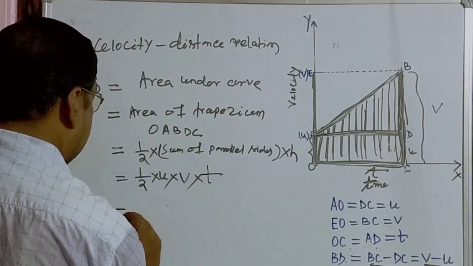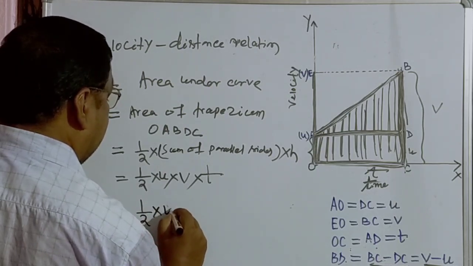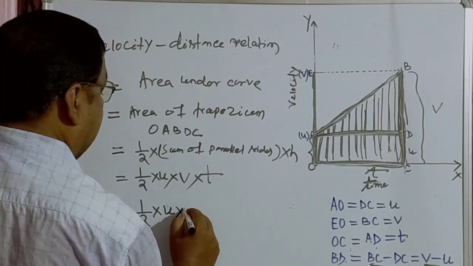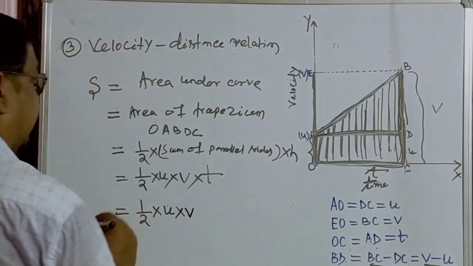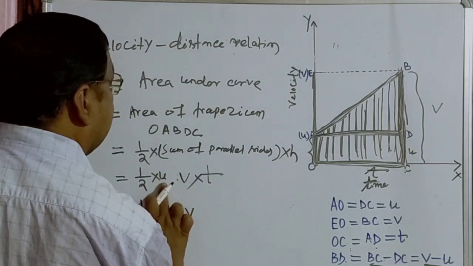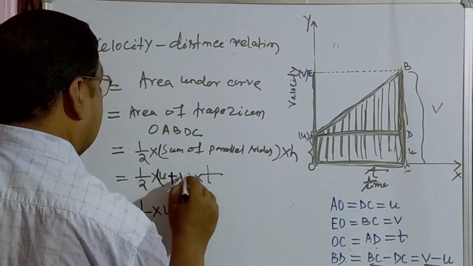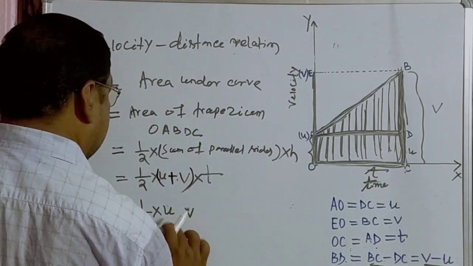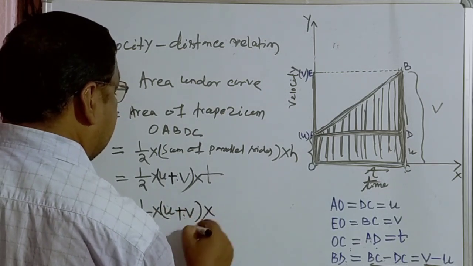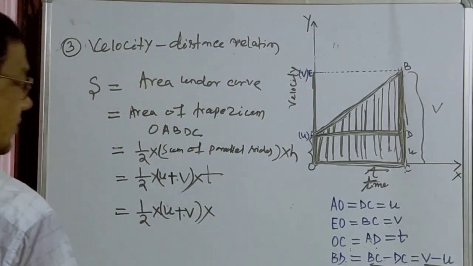That is equal to half into U, sorry, U plus V. Sum of the parallel sides, U plus V into T. In place of T, we can write from the first equation.